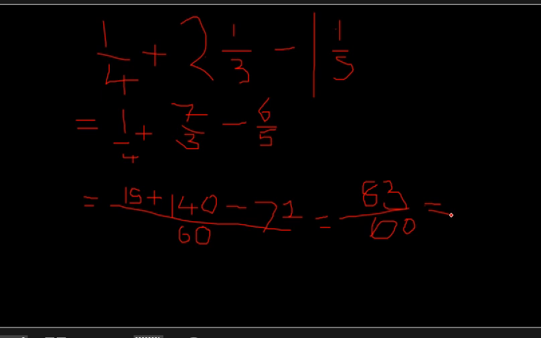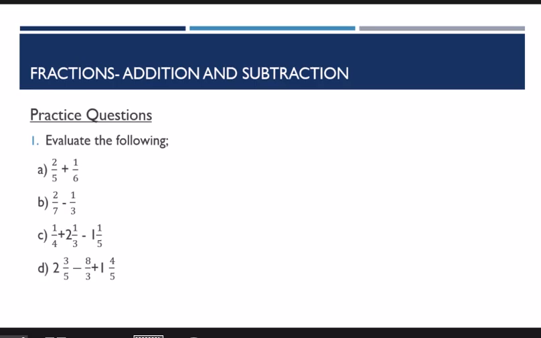You have to write it as a mixed fraction. How many times does 60 go into 83? You have 1, remainder 23, over 60 itself. 1 and 23 over 60. This is our answer.